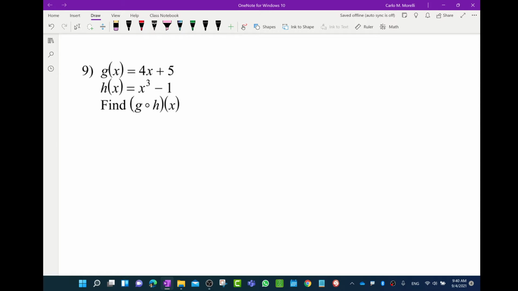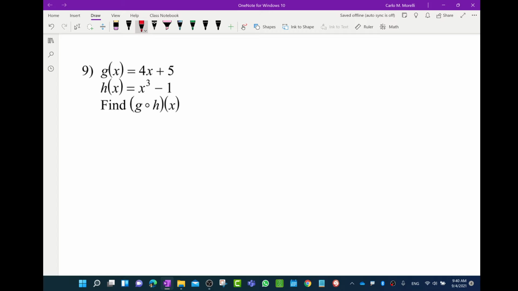So, as I said, you've done this already. So the question's asking you to compose the function g with the function h.